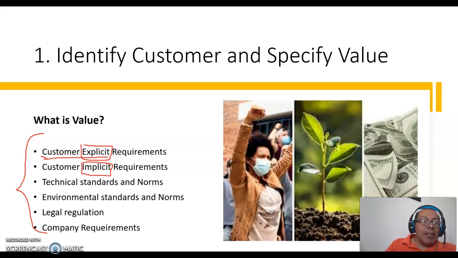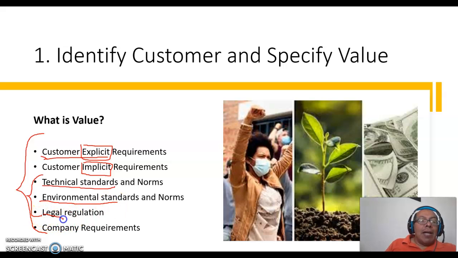The third, fourth, and fifth requirements here are more from the standardization, normalization, and regulation point of view. As you can see, there are many of them. Some of them are technical standards. Some of them are from the environment, so that we can take care of the environment and not pollute, for instance.